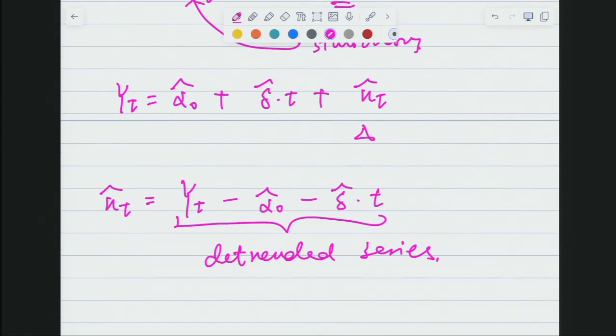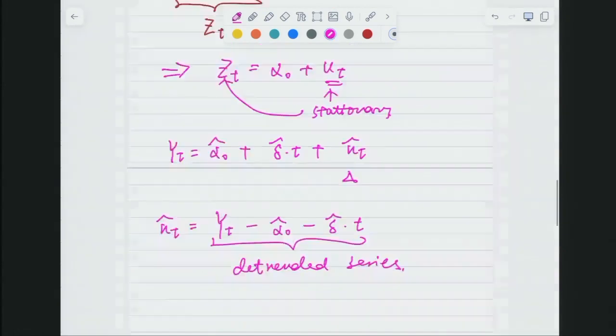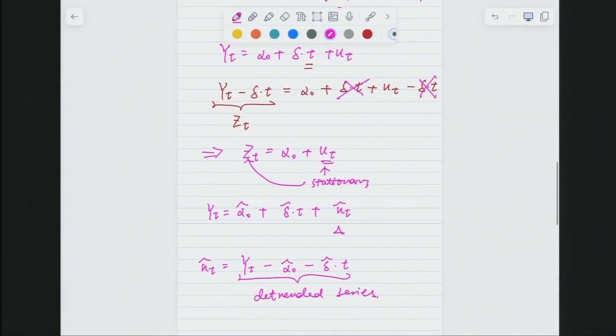And from this analysis, we can see that essentially yt has two components. First of all, it has the deterministic trend, delta t, and it also has the stationary component represented by z.